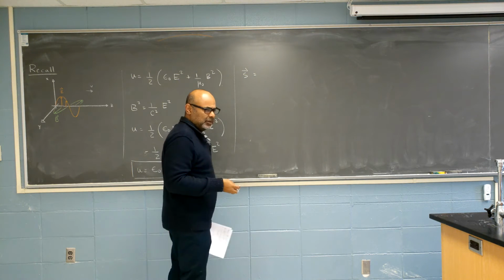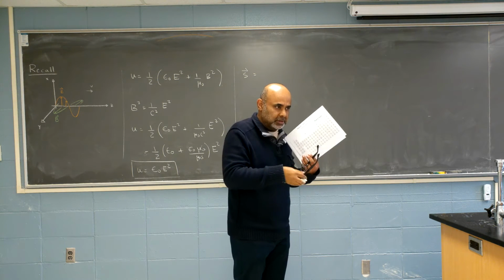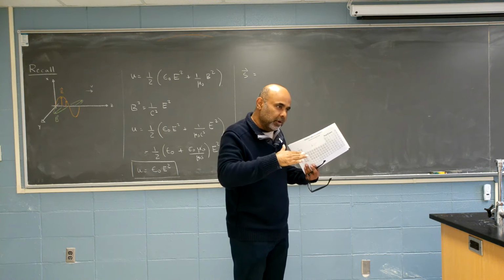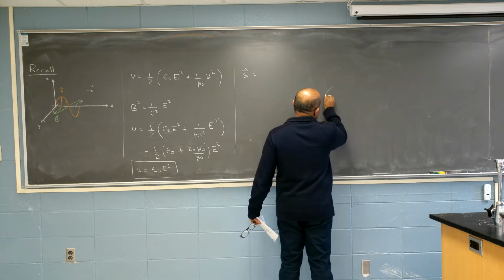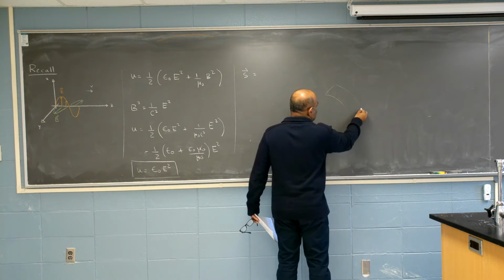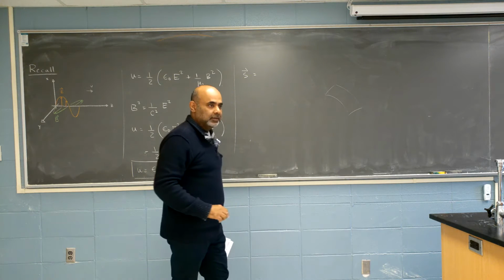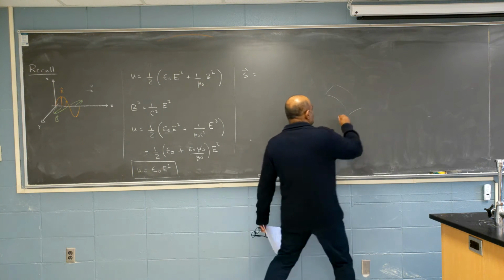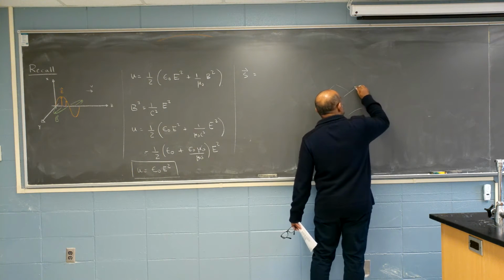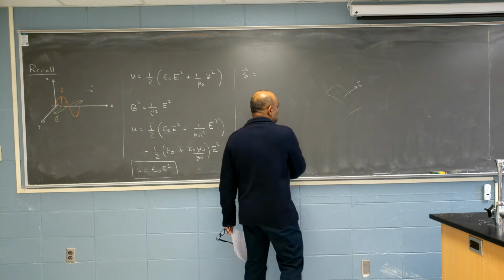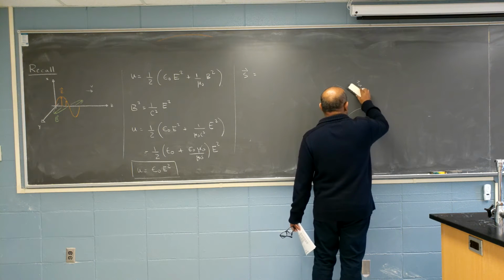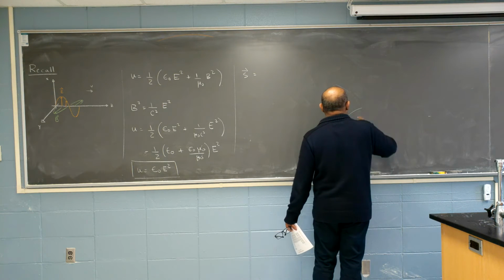What is a Poynting vector? It's the energy crossing per unit area per unit time, right? So if you look at any patch, this is S. Oh, it doesn't have to be. It looks like it's perpendicular. It doesn't have to be perpendicular.